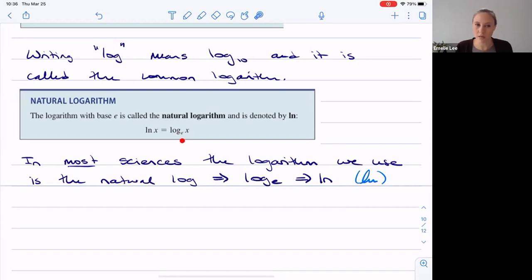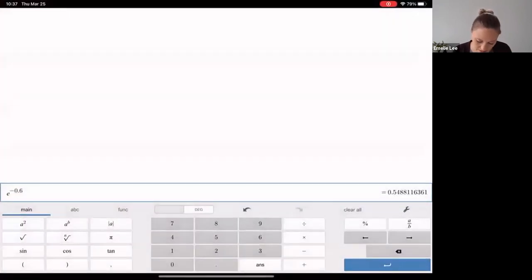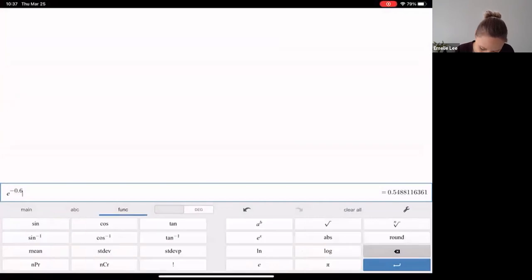There's nothing really special about it, but we should talk about what it means. If you go to your Desmos calculator or any calculator, if you go to the functions again, you'll see that there is an ln button.